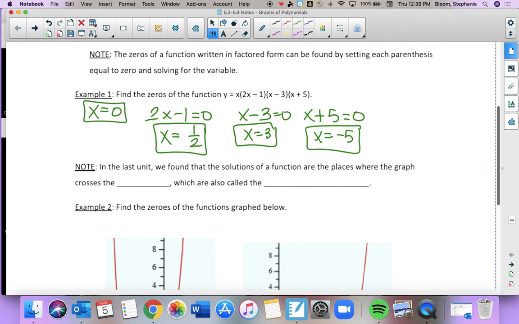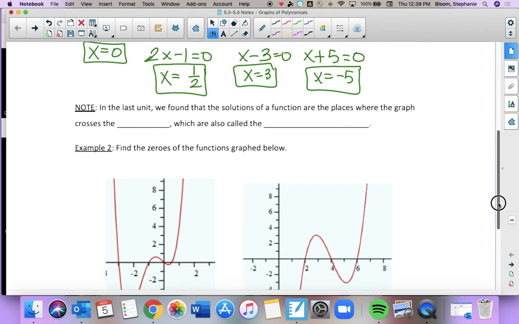And so what you already know about solving, you guys can tell me then, what do you believe the degree would have been? If those are my answers, what do you think the degree would have been of that polynomial? 4, and how do you know? There's 4 solutions. And so what would happen on a graph? Very good. It would cross the x-axis 4 times, okay?